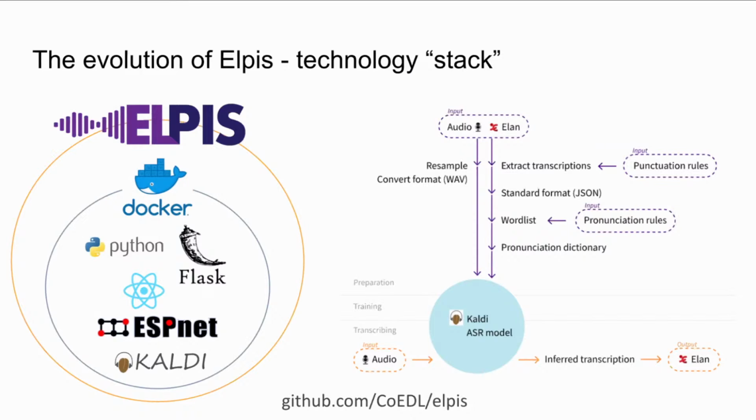Now these are the requirements for running the Kaldi speech recognition model. So once the data has been prepared, training happens, and with the model we can input some untranscribed audio and obtain an inferred transcription. So the URL at the bottom of the screen is where the code lives, github.com/CoEDL, Centre of Excellence for the Dynamics of Language, /elpis.